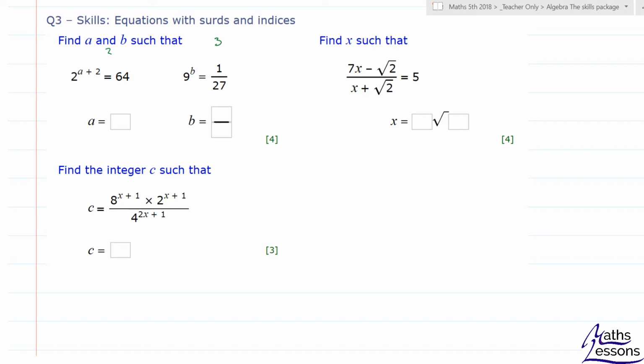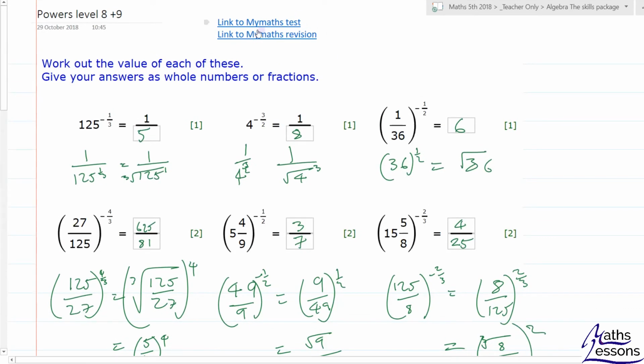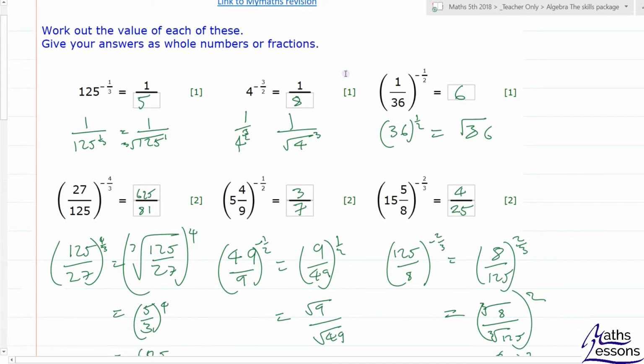Right, I'm guessing a lot of you are going to find that quite tricky to do in the time, but that is the right amount of time to need to do this, because we are venturing into level 8, 9 stuff here. So if you do find this tricky, what's a good idea? If you go back to the top of the page, you'll notice I've given you links to the My Maths tests, and you can go onto My Maths if you have a subscription to that, and just click onto this and it will take you into the test.